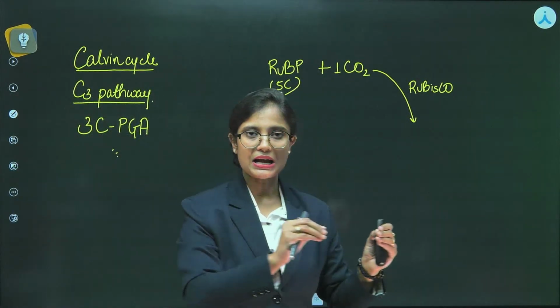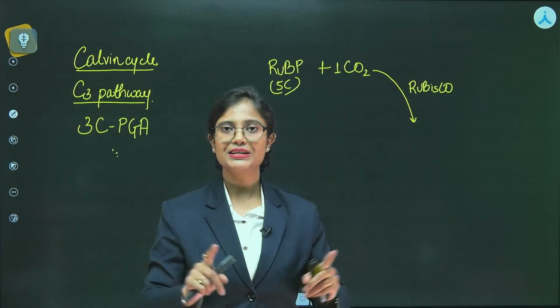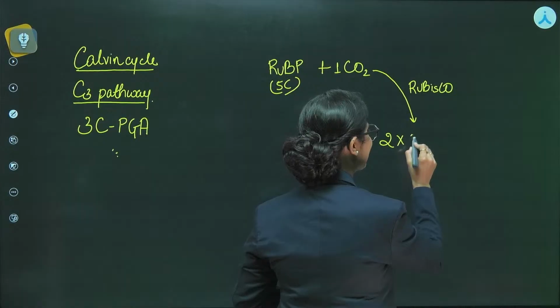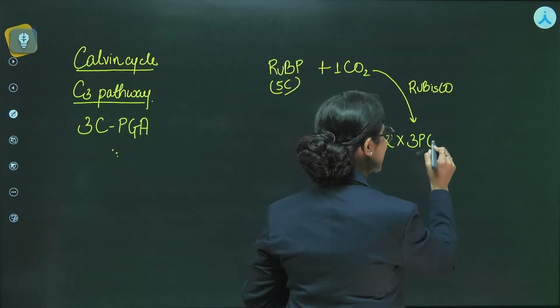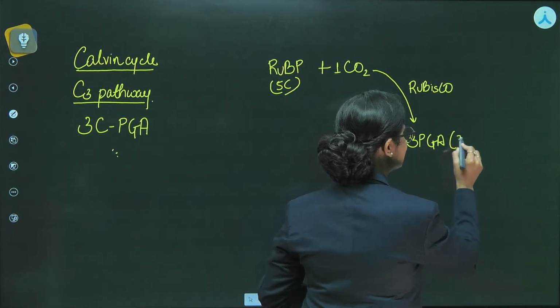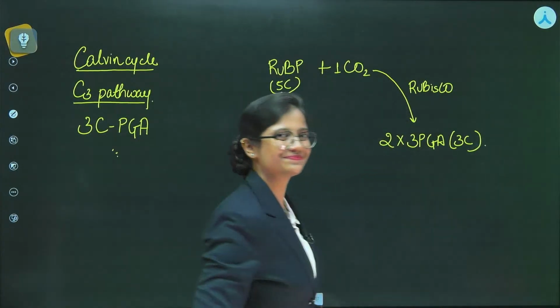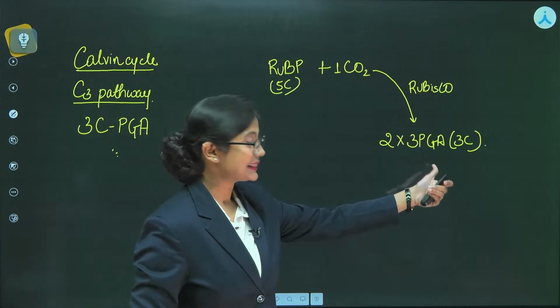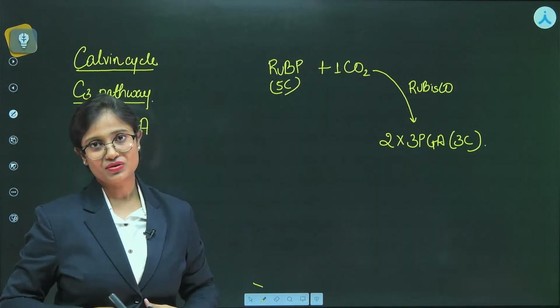So once the 6-carbon molecule is formed, it dissociates into 2 molecules of 3PGA, phosphoglyceric acid, which is a 3-carbon molecule, right? Now as you can see that phosphate is attached to this group.